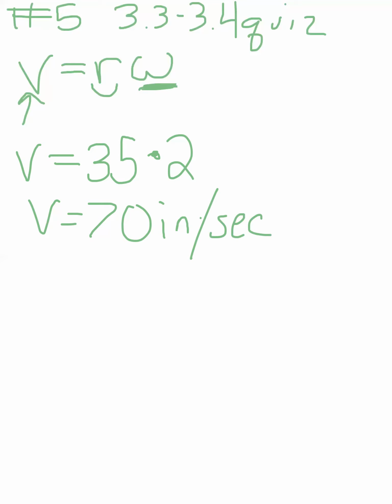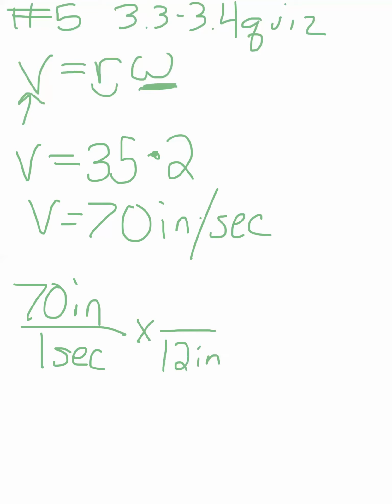So all I'm going to have to do is take this 70 inches per 1 second and do dimensional analysis to change it. I need to change inches into feet and seconds into minutes. It doesn't matter which one you do first. I'll just do inches. Remember there are 12 inches in 1 foot.